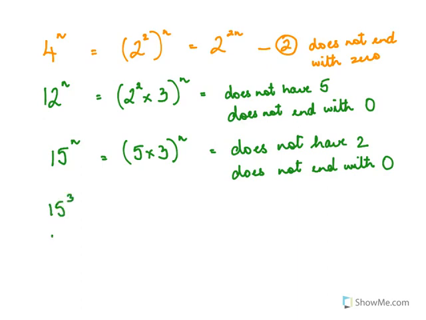Whether you put 15 raised to 3, or 15 raised to 100, or 15 raised to 5, the digit in the unit place will never be 0. There may be any numbers here, but the one in the unit place will never be 0.